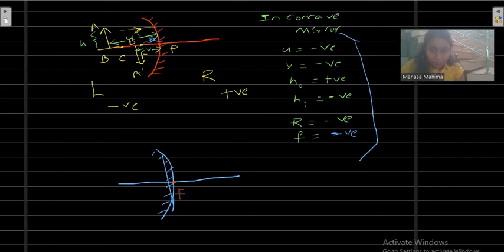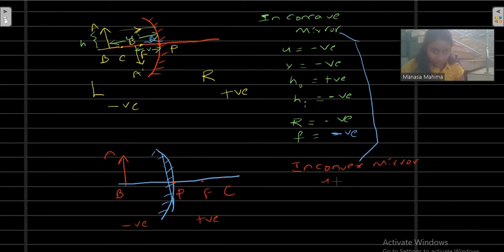This will be the pole in the case of a convex mirror, and this will be the center of curvature, and this is the focus, and the object is always taken to the left side. So the left side will be negative for me and the right side will be positive for me, correct?